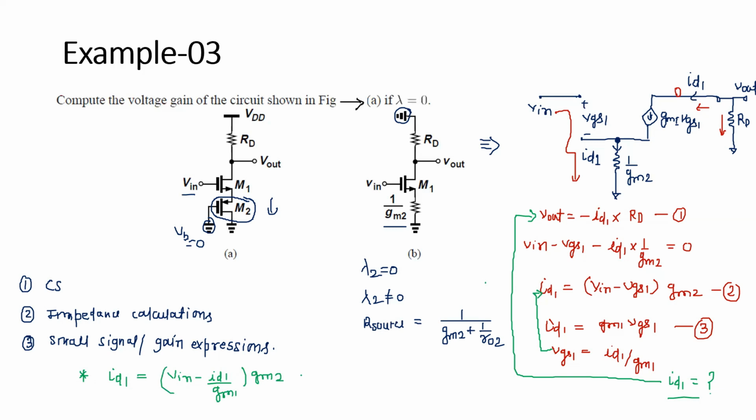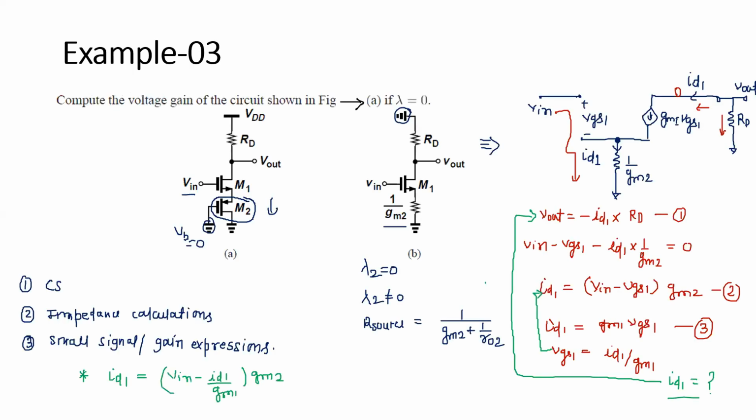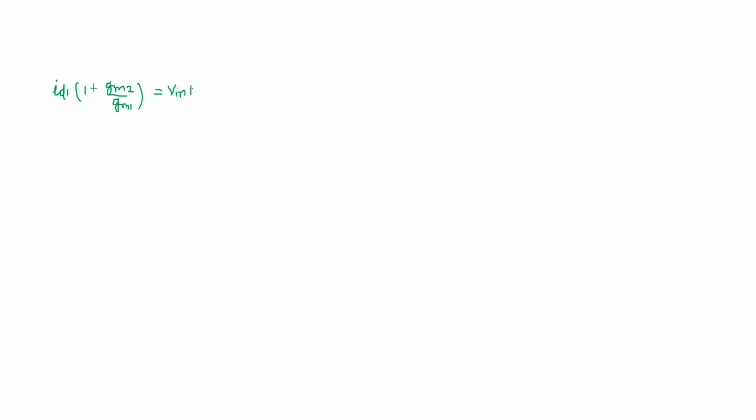If we take ID1 on one side, we take ID1 common, so it is going to be 1 plus gm2 by gm1 equal to Vin gm2.